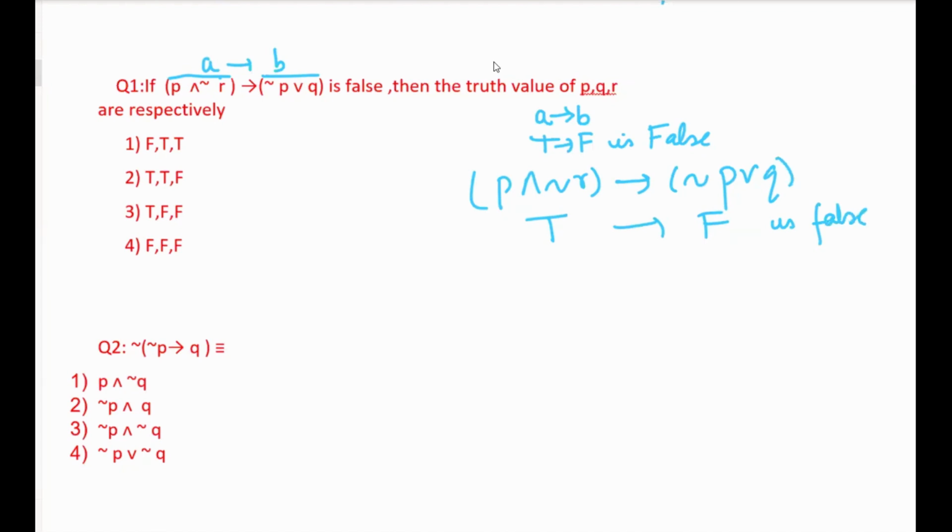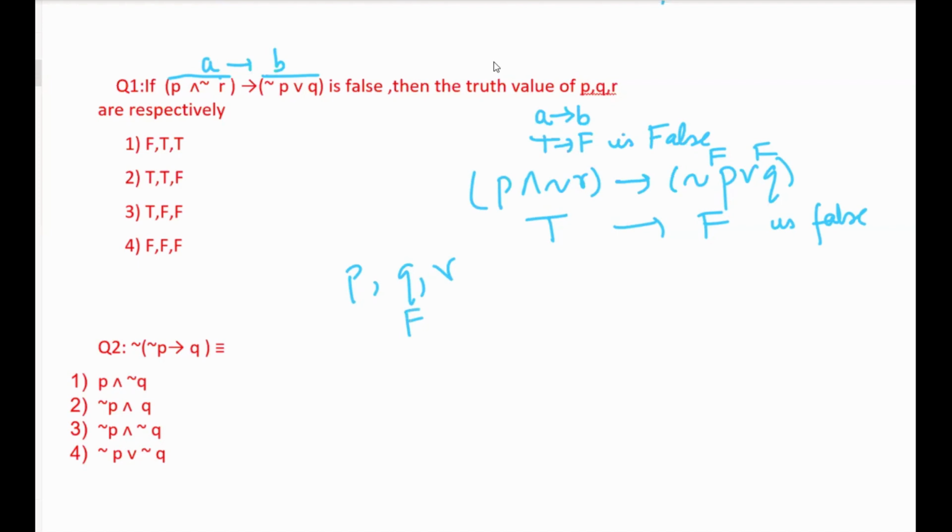And in case of union or disjunction, there is only one false answer, and that is when both are false. So what do I get from here? Both false. We have to find the truth values of P, Q, R. So from here I conclude that Q is false.